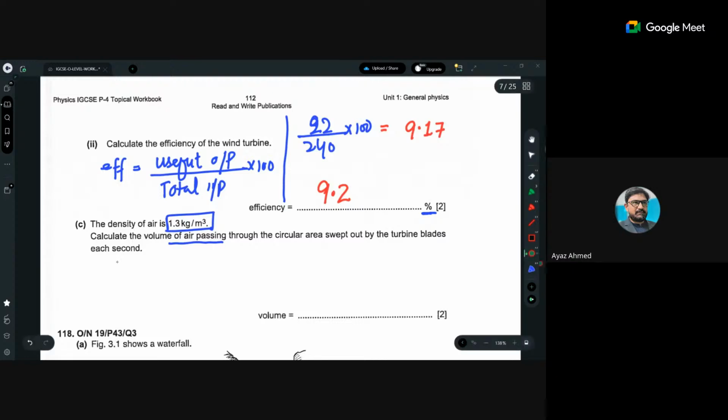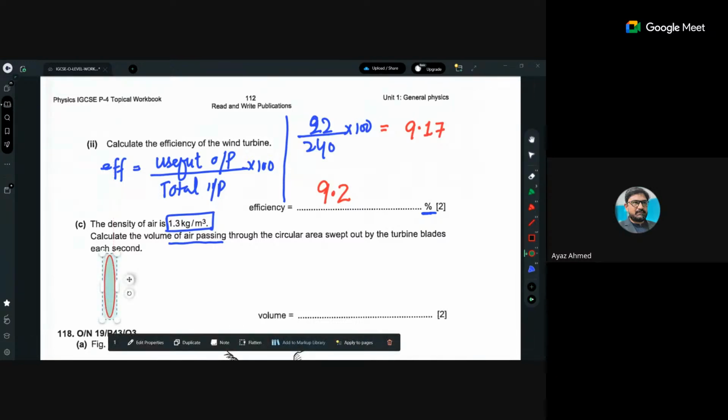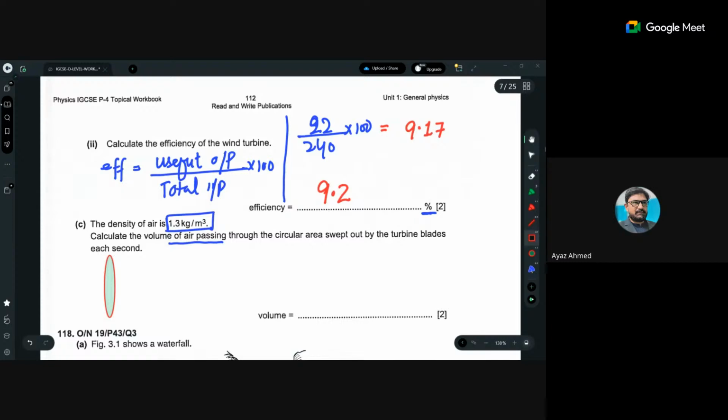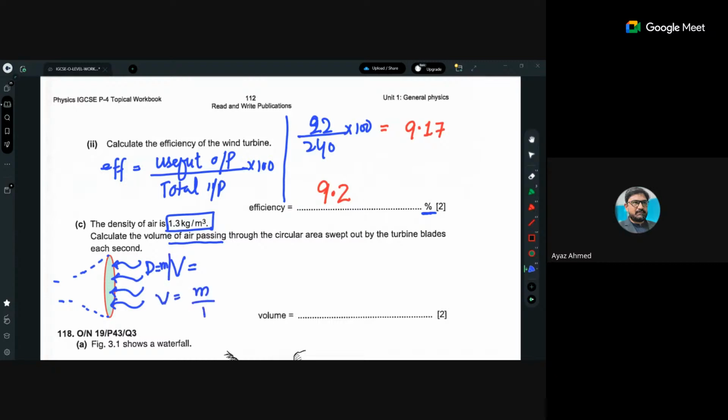The turbine is sweeping in the air, like air coming into this hall, through this entire area. We will use the density formula: density is equal to mass by volume, so volume is equal to mass divided by density.